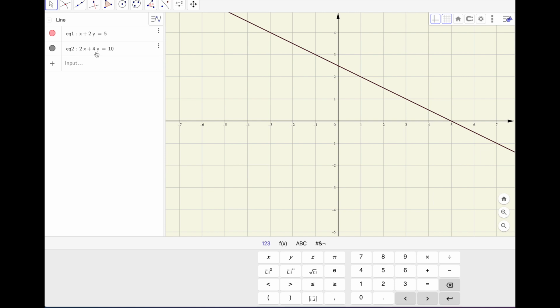Yes? I have a question. Are those lines parallel? In principle, it depends on the conventions. Some books consider these parallel because the slopes are exactly the same.